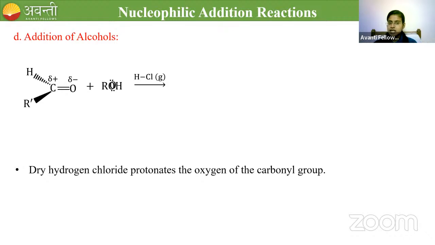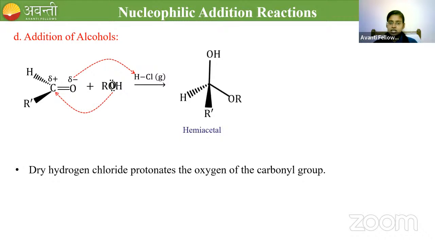Protonates means the H plus of the HCl will go and get attached with the oxygen of the aldehyde. Now what happens? The alcohol will come and form the bond with the carbon of the carbonyl group. So we get a compound like this. Carbon is attached with OR and oxygen is attached with H. Since we have one OR group, this compound is called hemiacetal.